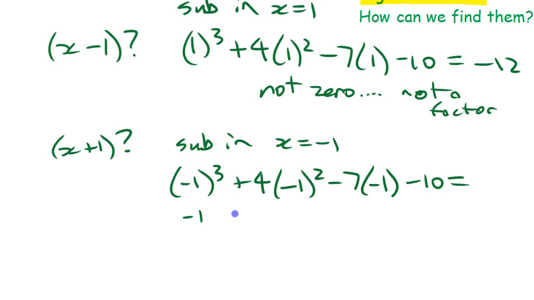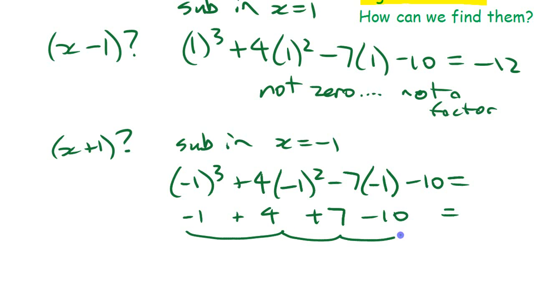All right, we got negative 1 plus 4 plus 7 minus 10. Let's see what that gives us. We have 3, 10, minus 10, 0. This does equal 0, right?